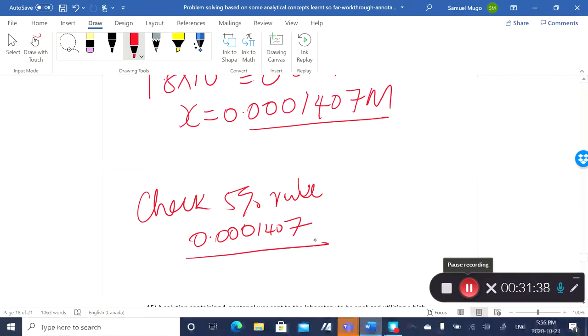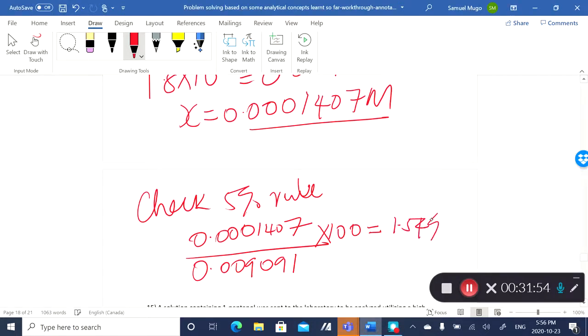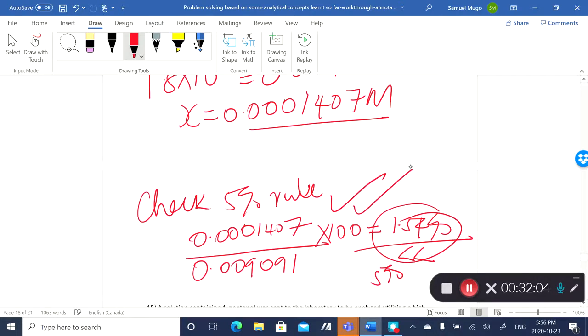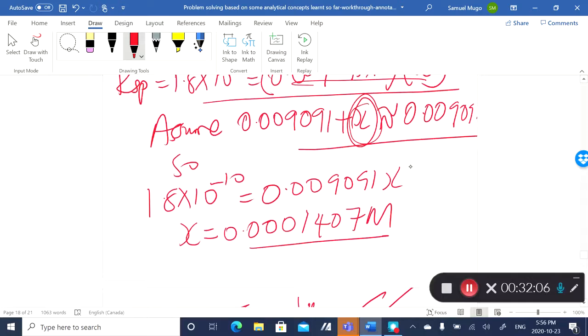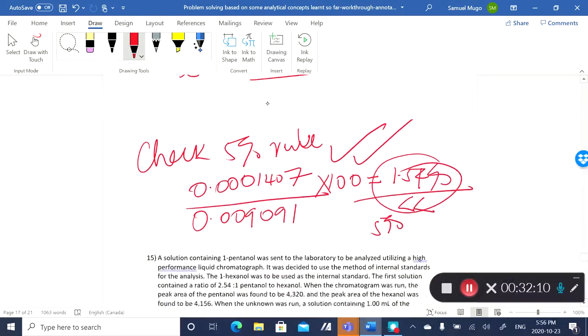And my formal concentration was 0.09091. And you can see I multiply that by 100 and I'm getting only 1.54%. And so you can see it's much smaller, much less than the 5%. And so this approximation was correct. To make that assumption was correct.